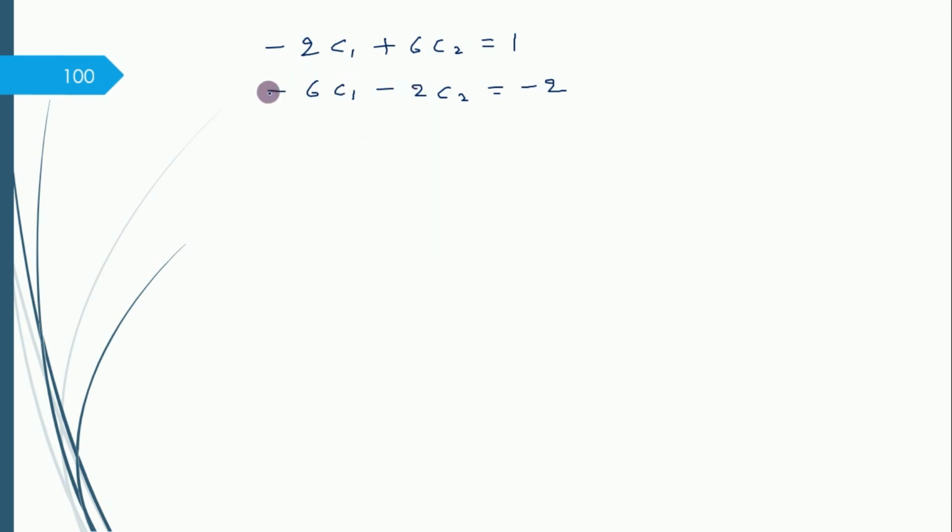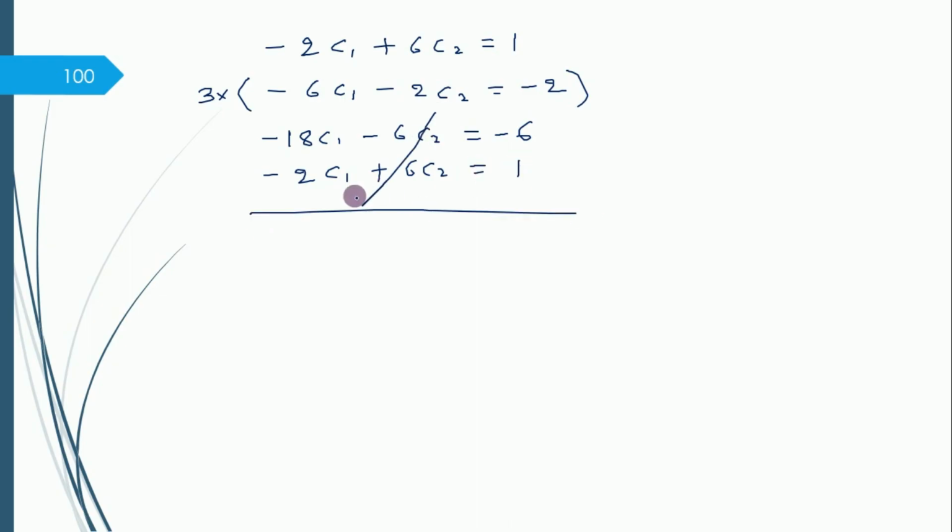You need to match one of the equations to compute C1 and C2. So I multiply it with 3 and get minus 18 C1 minus 6 C2, equal to minus 6. I write the first equation as it is, minus 2 C1 plus 6 C2 equal to 1.